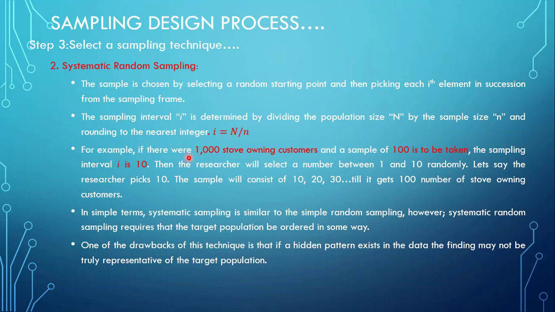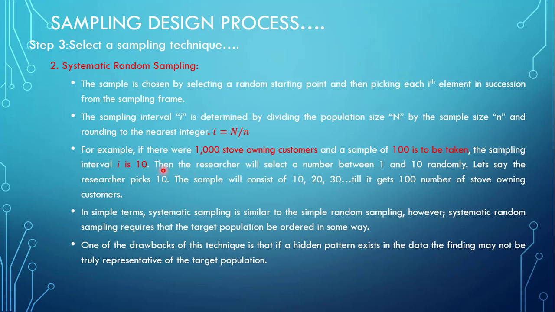As we said, let's assume there are 1000 stove owning customers, and you want to take 100 from the 1000 customers. So the population is 1000, the sample is 100. By dividing 1000 by 100, you get I as 10. So every 10th customer will be selected as a sample to be included in the research.